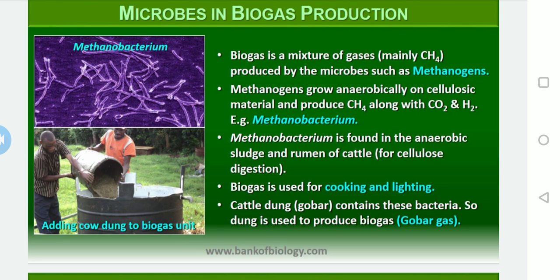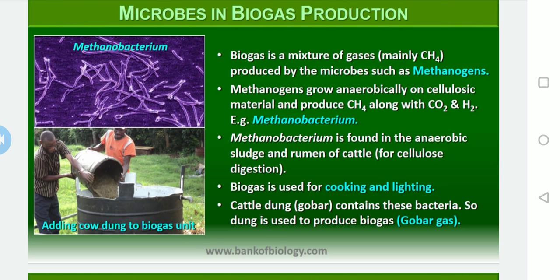Shall we study the microbes in production of biogas? Fine. First of all, what is this biogas? What is its composition? How is it released and how is it utilized? For all these things, we will get the answer in this topic, microbes in production of biogas.